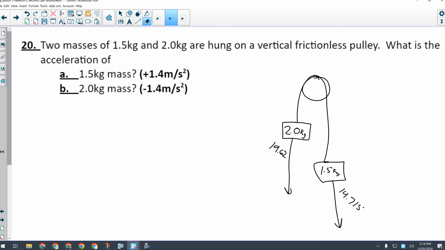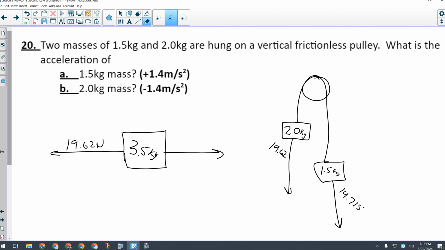When we have something like this, what we can actually do is just say, I have 3.5 kilograms worth of mass in this system being pulled this way by 19.62 newtons, and this way by 14.715 newtons. That's really what's going on here.